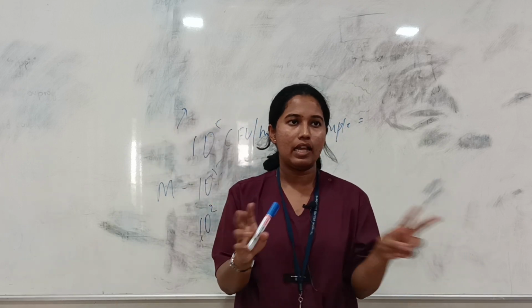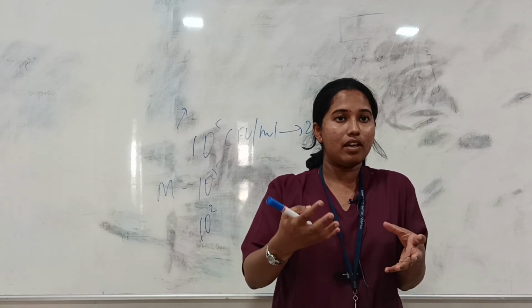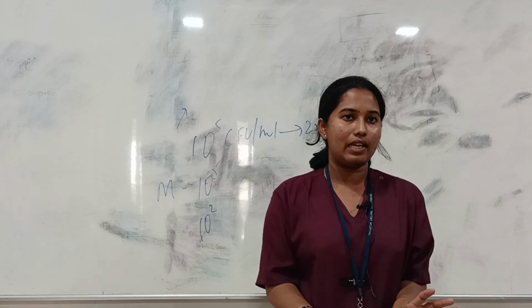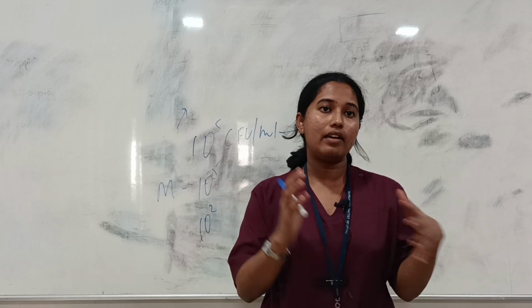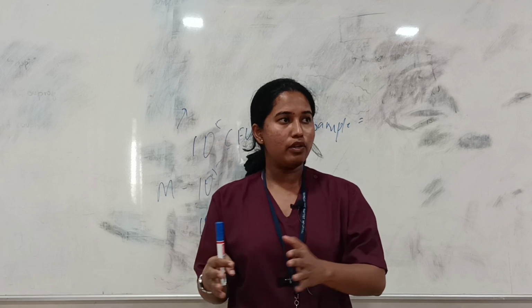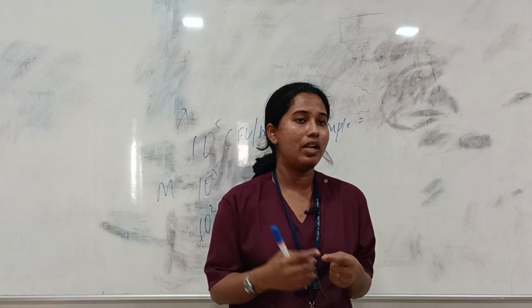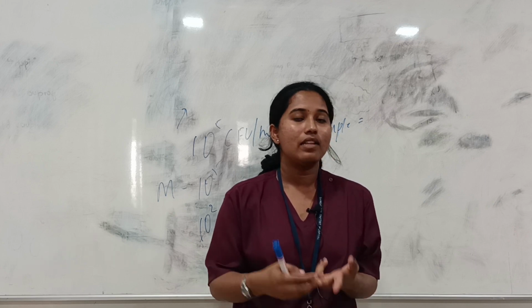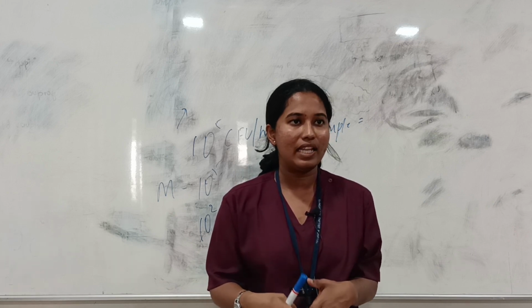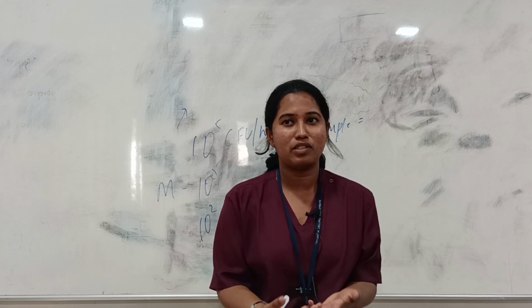Next, coming to complicated UTI, this happens in a patient because of an underlying condition. Uncomplicated is something which happens in a healthy person, whereas complicated UTI happens in a person having an underlying condition. For example, pregnancy in case of women, people who have indwelling catheters, and men who have obstruction, for example BPH.